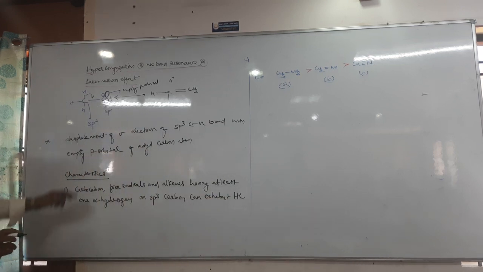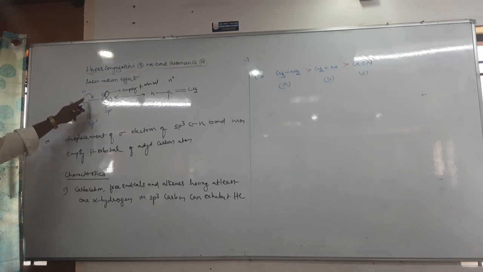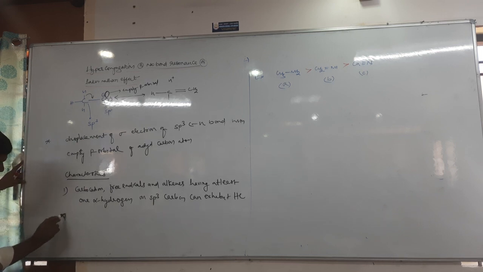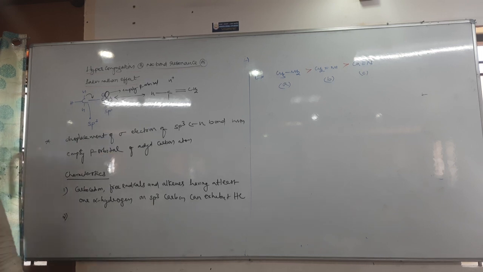No, it must be sp3. It should not be sp2 or sp. The alpha hydrogen must be on sp3 carbon, then only it is possible. Next, second characteristic, it operates from ortho and para position.